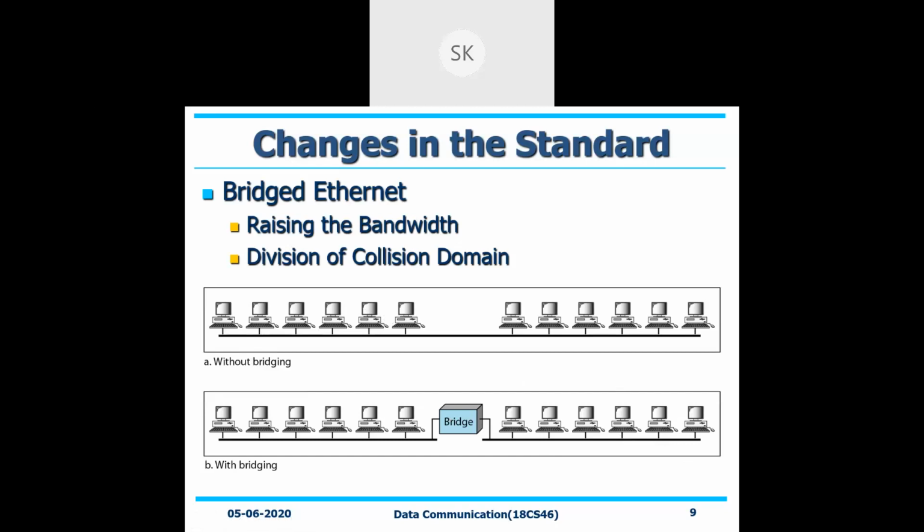So if I say there are two different categories, two different paths available, suppose this is with respect to room A or lab A. In lab A, we have so many systems, they are connected with each other.